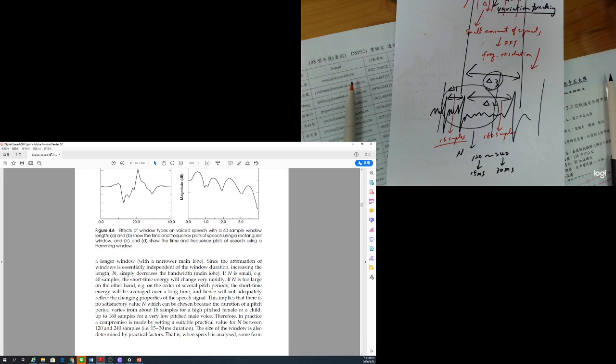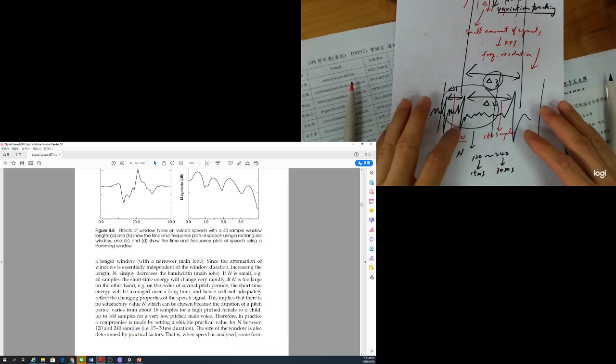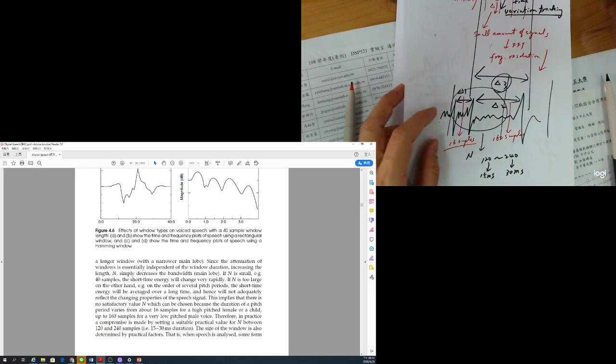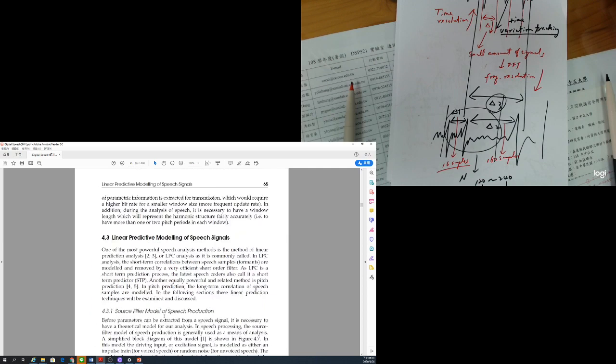However, we do not always cover that; sometimes we cover larger, sometimes only some of them, depending on your speech codec. Some applications go down to 10 milliseconds, some up to 30 milliseconds, depending on the speech codec. So the physical meaning of windowing is around here.